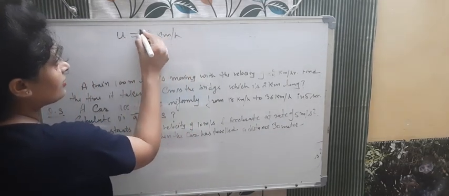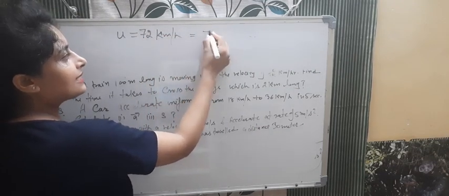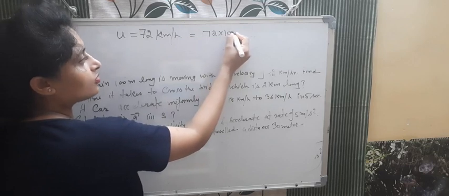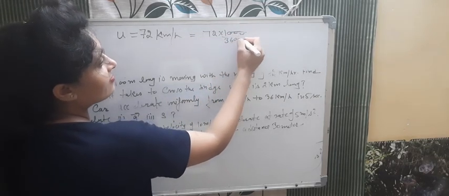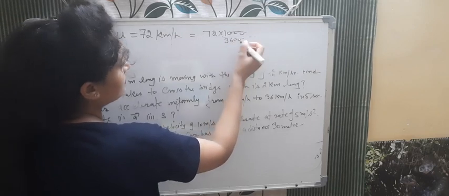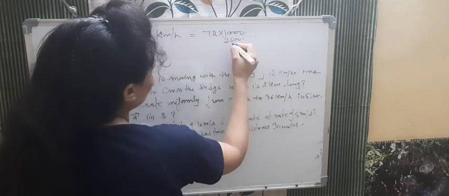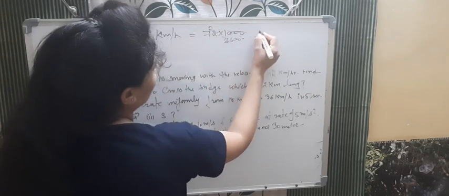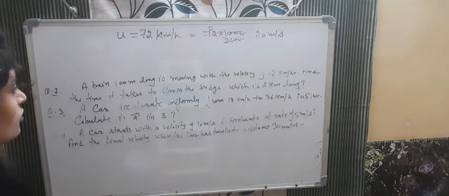U is given. When it is in kilometer per hour, how will you convert it into meter per second? In 1 kilometer there are 1000 meter, and in 1 hour there are 3600 second. Just divide and you will get the answer. It will be 20 meter per second. So this is the initial velocity.